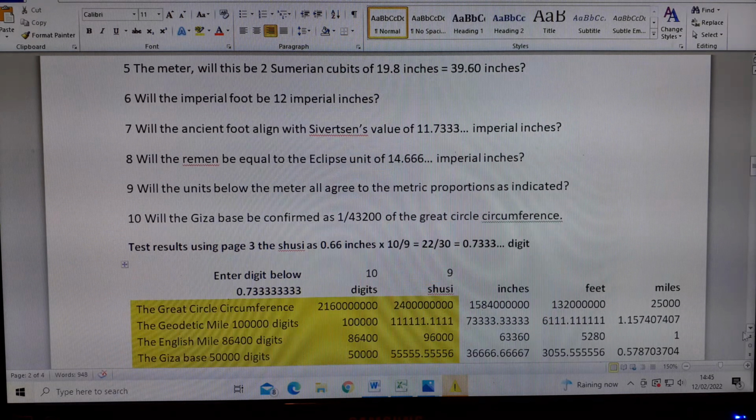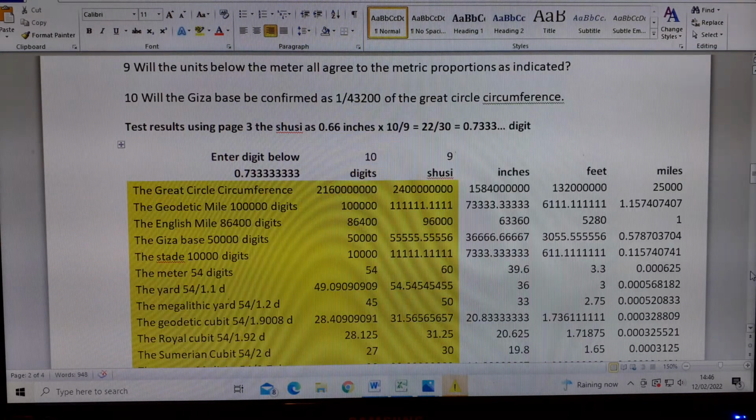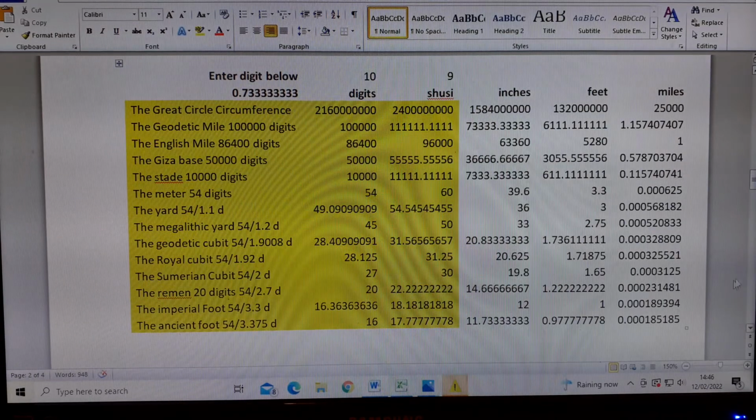We work it out. Test results using page 3, the Shusy as 0.66 inches times 10/9 equals 22/30, which equals 0.733 recurring for the digit. So we put that number in, enter the digit below, and we can look at what we're getting.